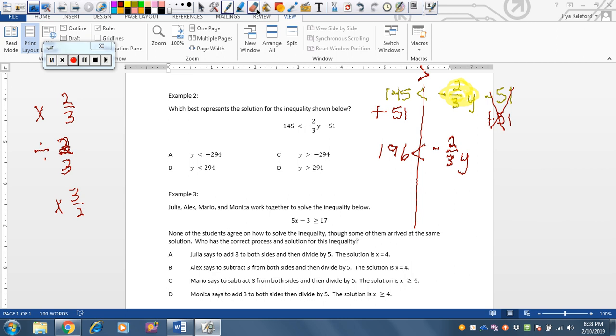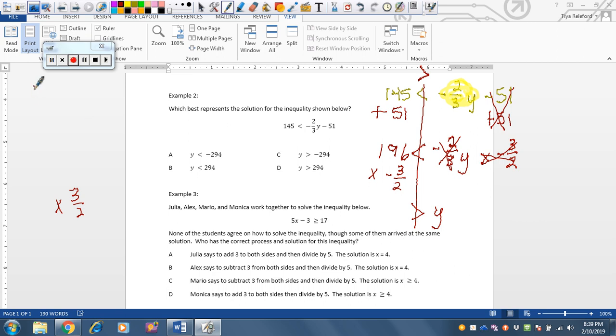So we're not going to do all this stuff. We're just going to cut straight to multiplying by the reciprocal. So negative 2/3, we're going to multiply times negative 3/2 on both sides. These cancel out because they're opposite. So I have y. My sign changed directions.